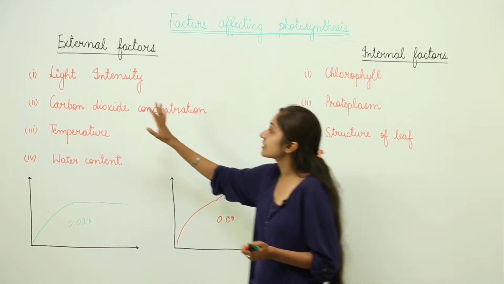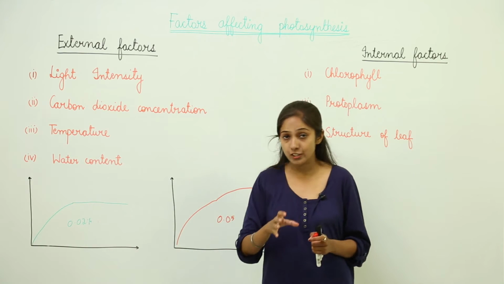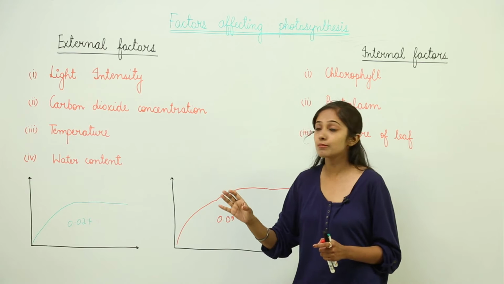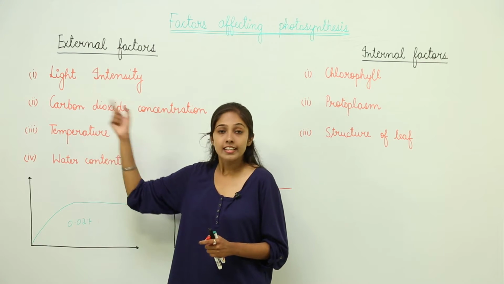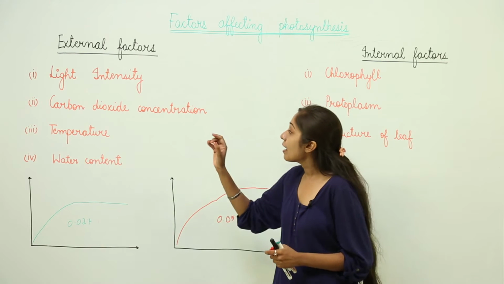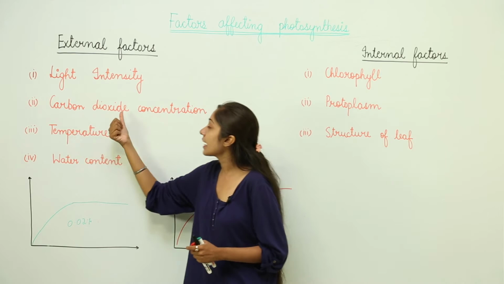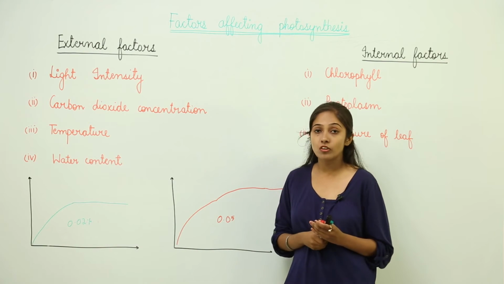So, we have discussed light intensity and carbon dioxide concentration. I am just going to explain it again to you so that you have a clear, fair idea about this. By increasing the light intensity, definitely the rate of photosynthesis is going to increase. But this is related to carbon dioxide concentration. Now, how is it linked?